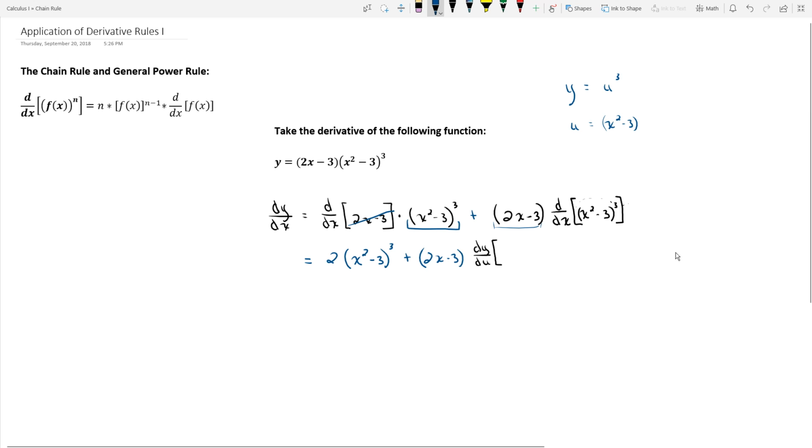So I'm going to say the derivative of y with respect to u is 3u to the third minus 1, multiplied by the derivative of u with respect to x. That's going to be this inside portion. That's the inside portion. So we're going to have x squared minus 3.